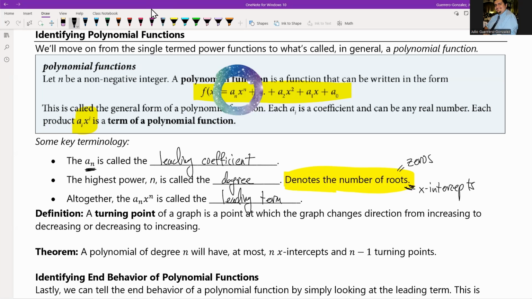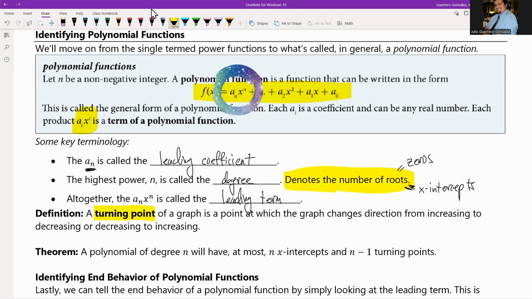Let me define this first, a turning point of a graph. It's exactly what you think. A turning point is when the graph changes direction, either from increasing to decreasing or decreasing to increasing. Basically, if a graph has a turn in it, then it's going to end up going the opposite direction.